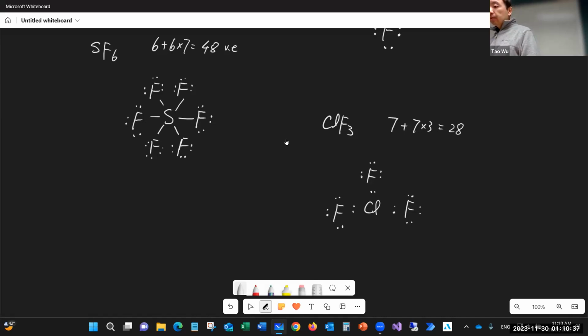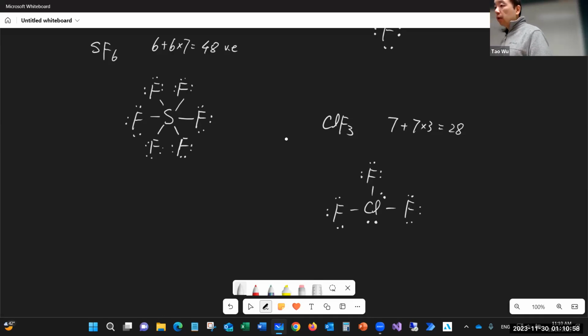So now you can get rid of those shared electrons, and then you write 4. So now we have 26 and we have 28. So that's going to be the Lewis structure for the ClF3.